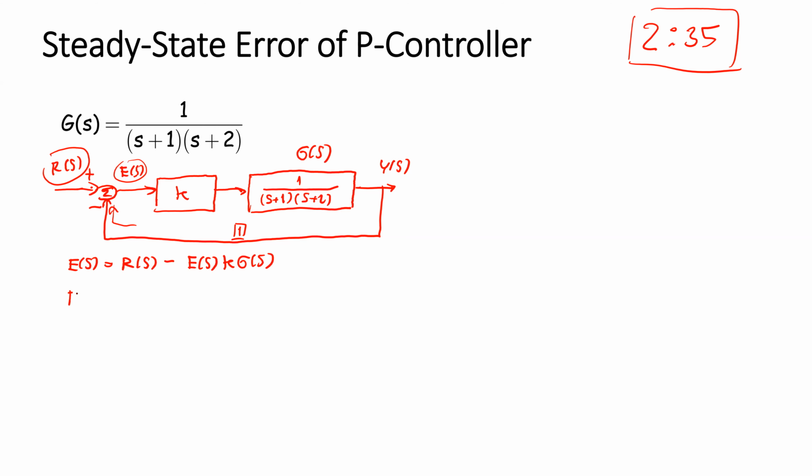So the error itself plus gain K multiplied by the plant is equal to the reference.